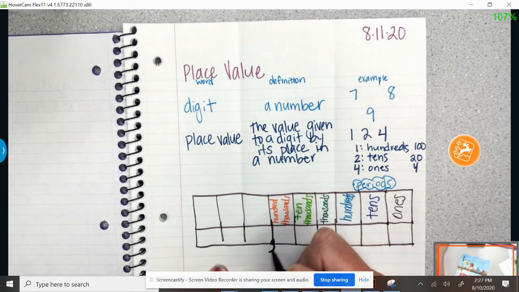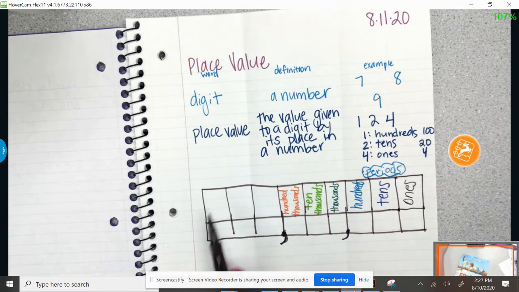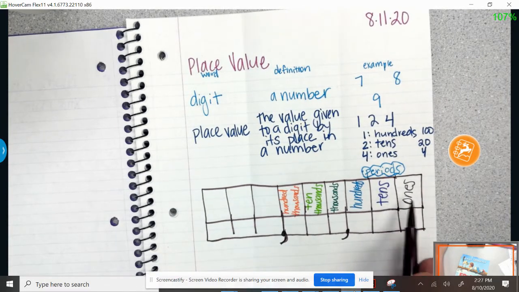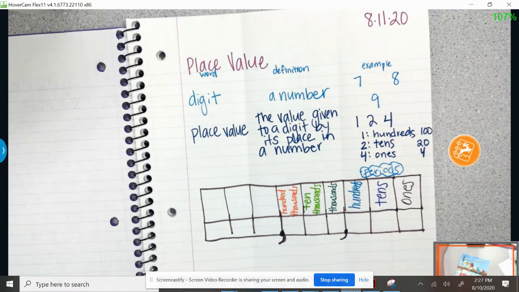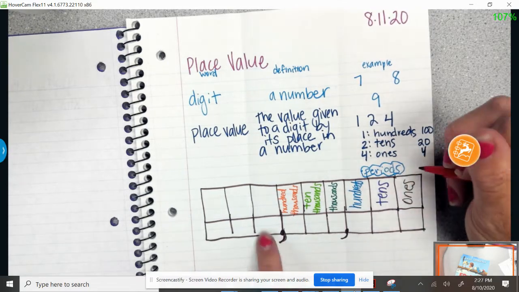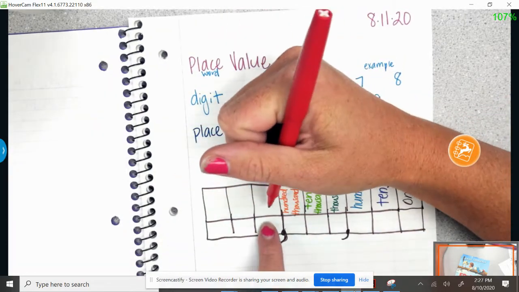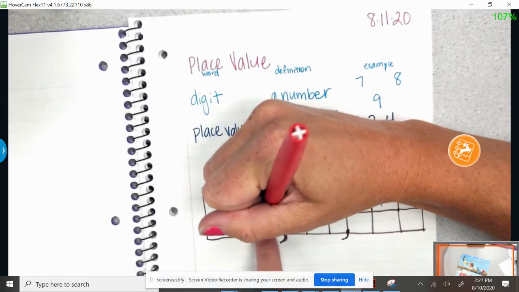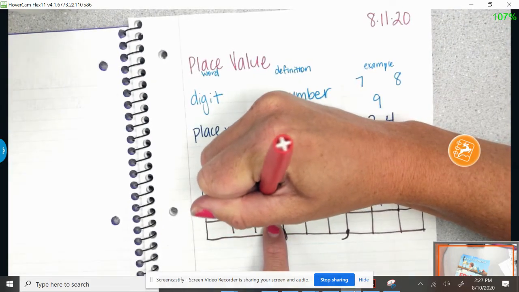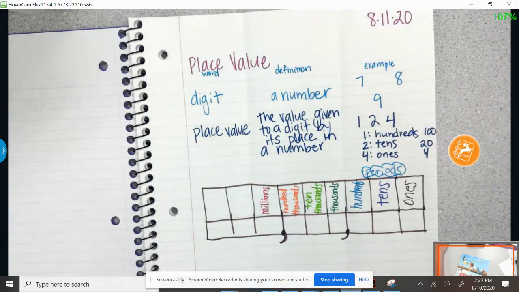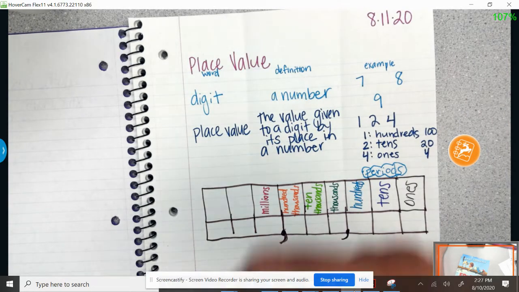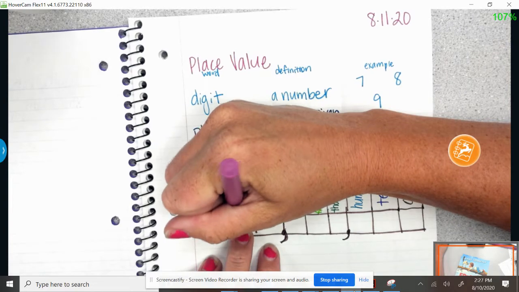And so we go into the next 3, which what do you think it's going to be? Ones, tens, hundreds. Correct. Except what comes after thousands? We have our millions, and that's about as high as we'll go in 4th grade. So it would be our 1 million, so we just call it millions. Okay, and then if you wanted to keep going, you have your 10 millions.